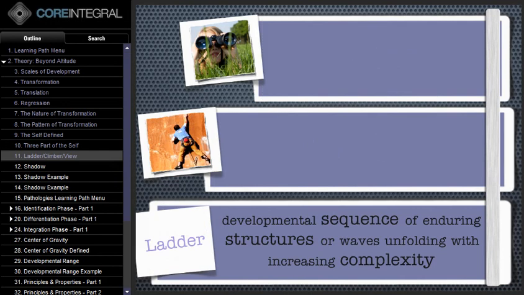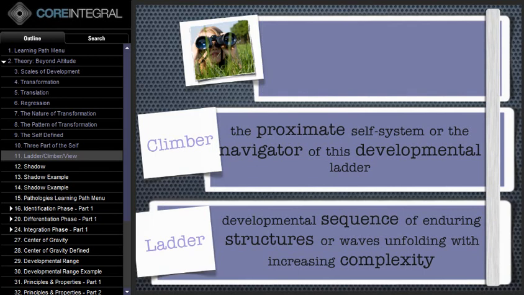The climber refers to the proximate self-system, or the navigator of this developmental ladder. Navigation between each rung flows through the 3 phases of a fulcrum: identification with the current rung, differentiation from the current rung as the next higher rung emerges, and finally, integration of enduring features of the previous rung from the place of the emergent rung.